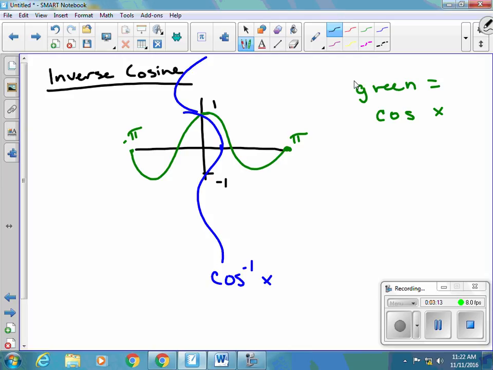So notice this blue here is going to be represented as our inverse cosine. We still have that 1 to -1. It's just now instead of having it on the x, it's on the y's now. But with that, we're going to talk about what is the domain, what's the range, all of that good stuff.